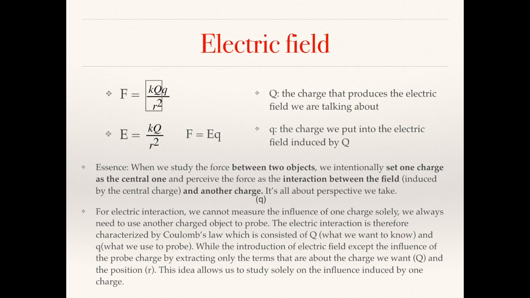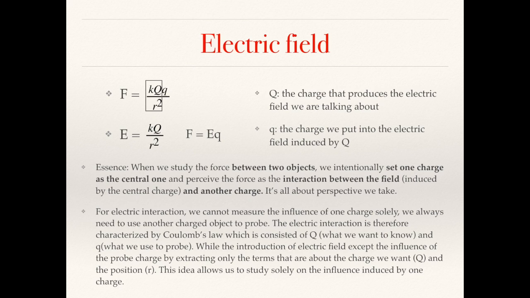So for electric interaction, we cannot just measure the influence of one charge solely. We always need to use another charged object to probe. The electric interaction is therefore always characterized by Coulomb's law, which consists of big Q, what we want to know, and small q, what we use to probe.